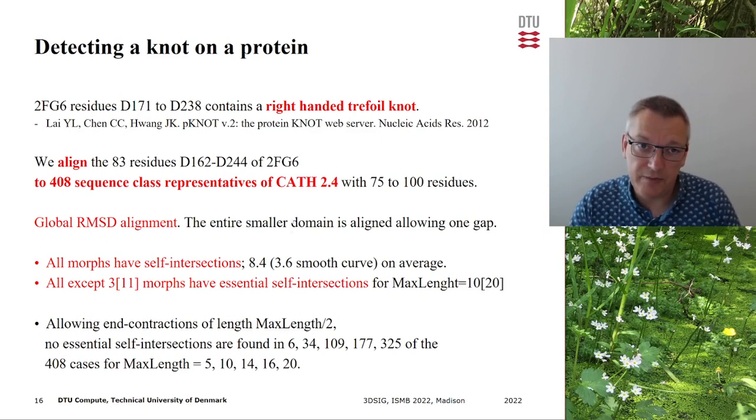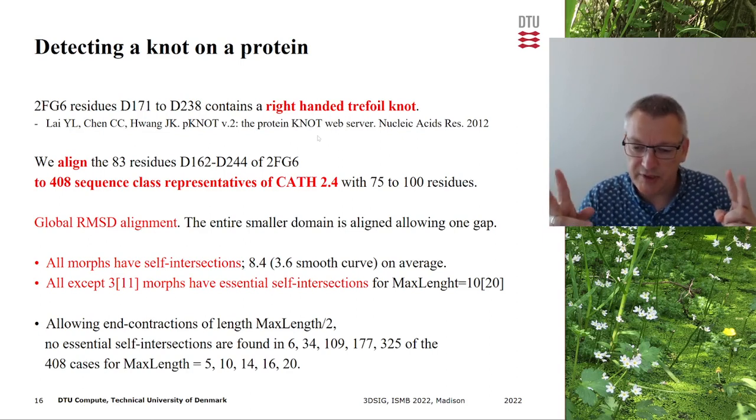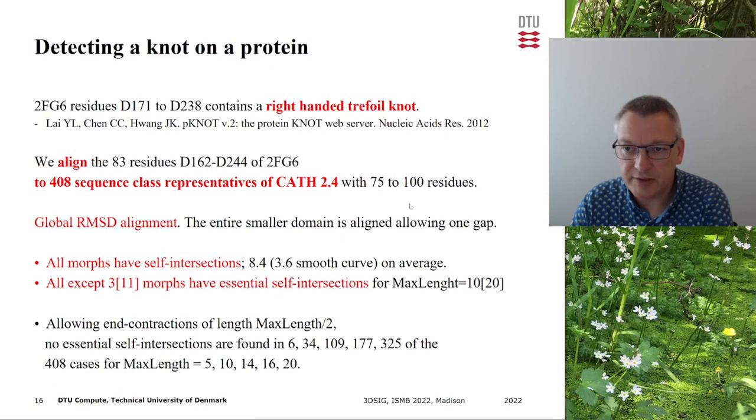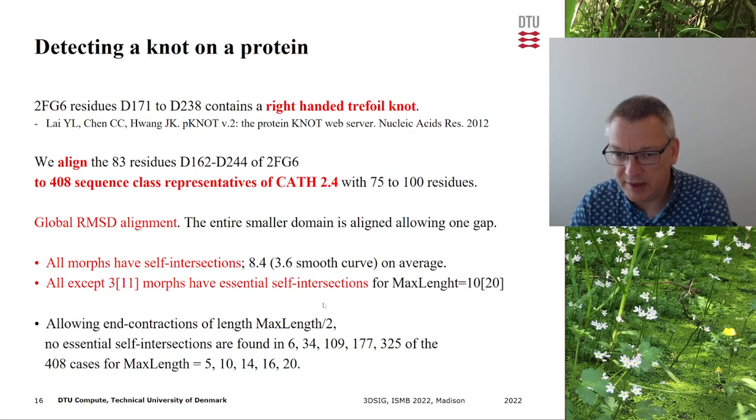But anyhow, we did the experiment taking a protein with a knot, cut it quite closely to the end of the knot, and then aligned it to representative structures of similar length. And in almost all cases, there's an essential intersection between the knotted and the unknotted structures.